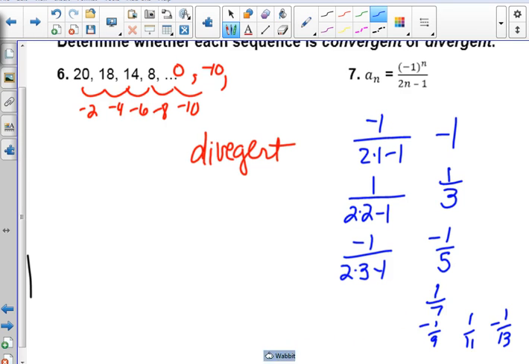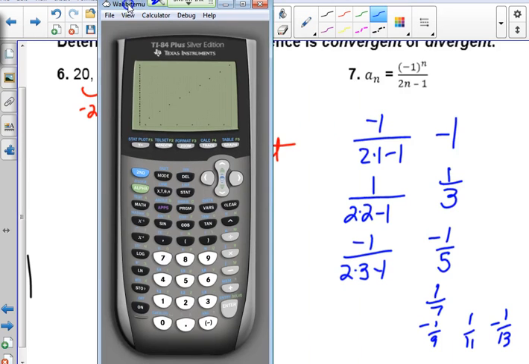Should we graph it? That makes some of you feel better? Okay, we need to erase all this. It is explicit, so we type parenthesis, negative 1 parenthesis to the power of n divided by parenthesis 2n minus 1 close parenthesis.